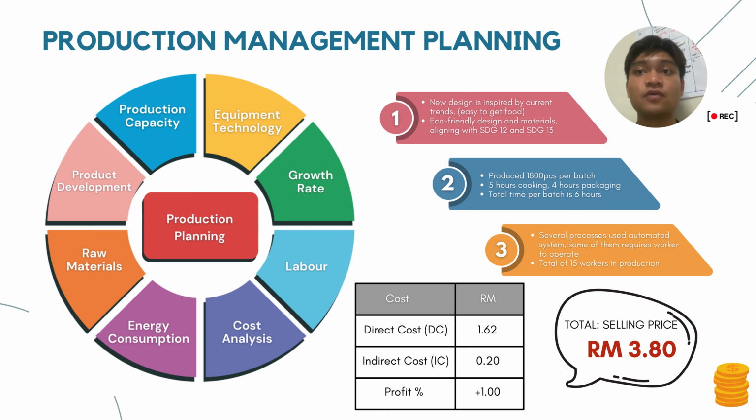So our selling price is 3 ringgit 80 cents, which is an affordable price, and I'm sure it is a good price for us to sell the product to the consumer, since nasi lemak is one of the common favorites of Malaysians.